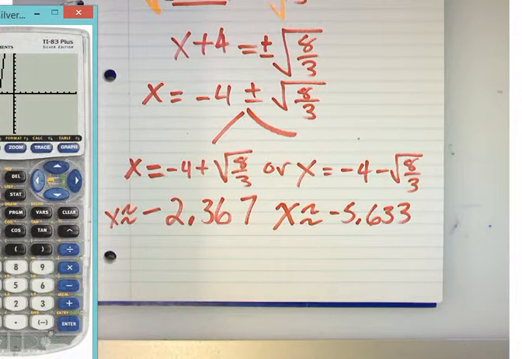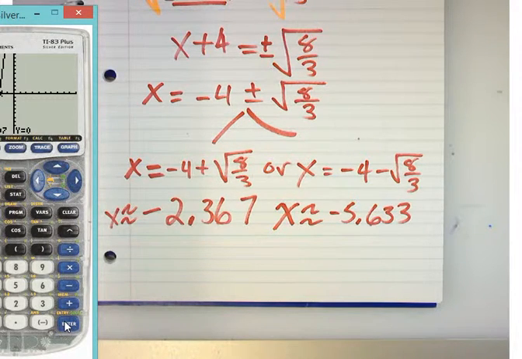Shall we see? So if I hit second trace, because it has that little calc there above it, I want to find the zeros. It says left bound, so I gotta move this silly cursor around to a little bit to the left of that intersection. And now right bound, move a little bit to the right.